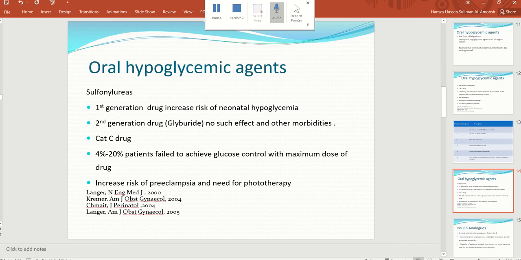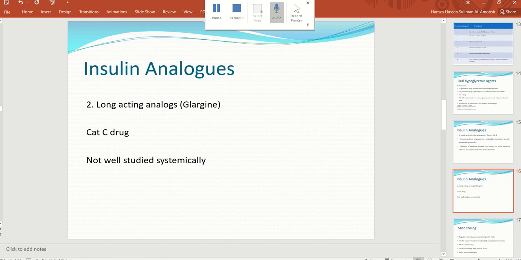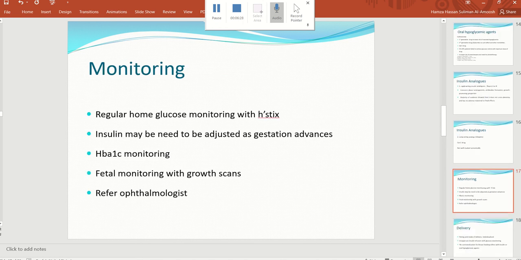Now the sulfonylureas, on the other hand, are category C, so we try to avoid them during pregnancy. Insulin, the rapid-acting insulin is safe to use during pregnancy and it's classified as category B. The long-acting insulin is categorized as category C, so it's better to avoid it.